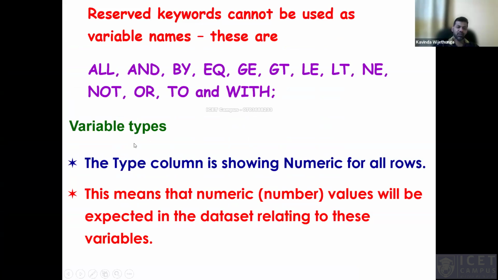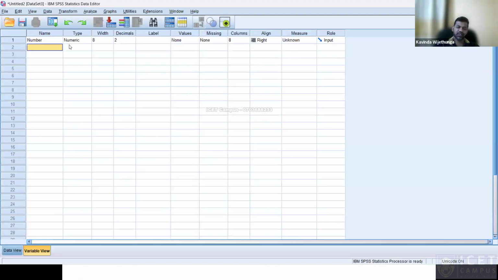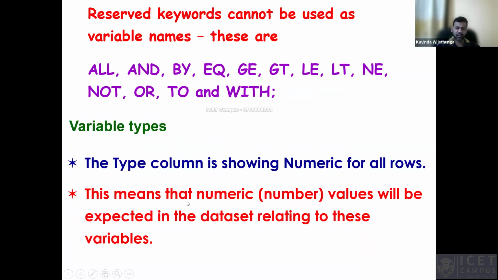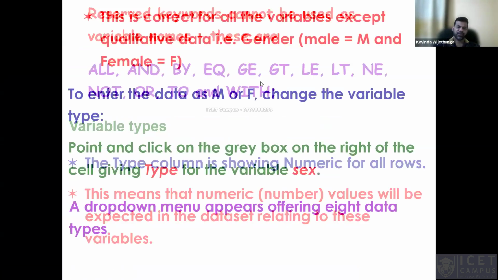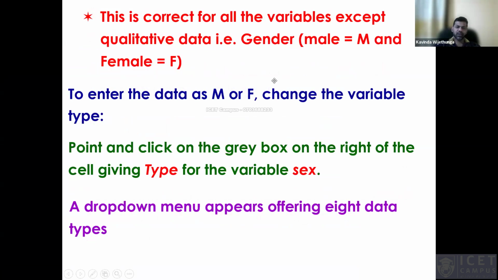Variable types. The column is showing numeric for all rows, so the default is numeric. This means that numeric values will be expected for these variables, which is not correct for all of them, except for qualitative data.